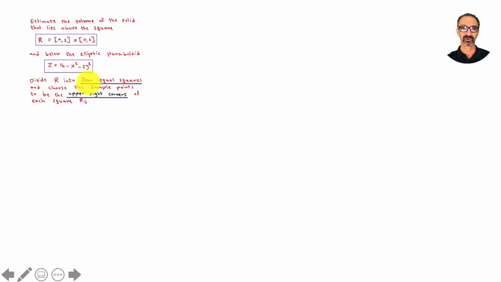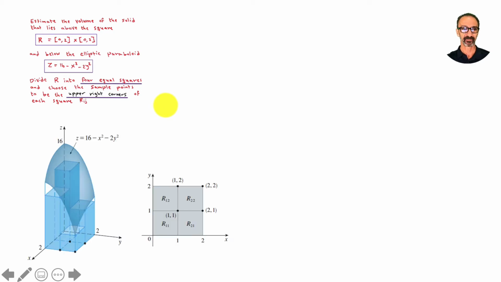Divide R into 4 equal squares, because just like the first practice, it is easier with only 2 or 3 or 4 equal squares. And I was told to use the upper right corners. We don't call it right Riemann sum or left. We have too many options here.